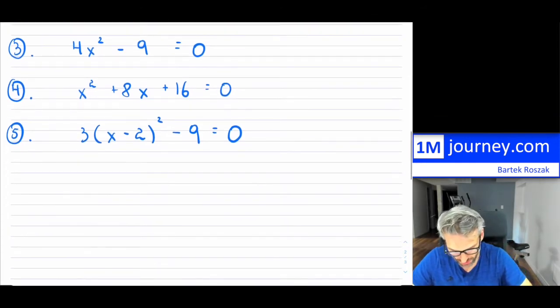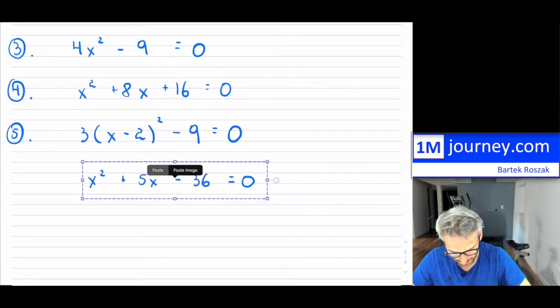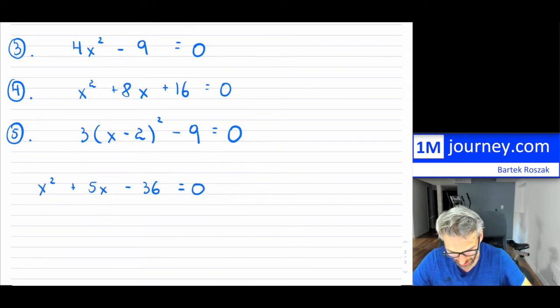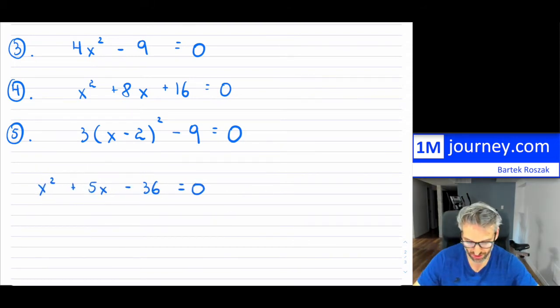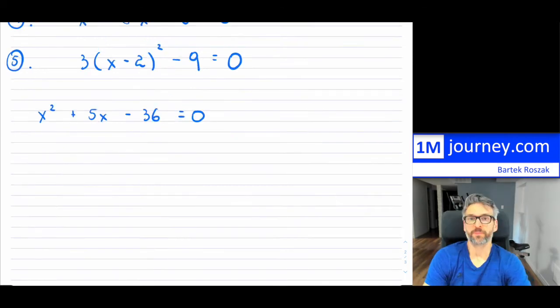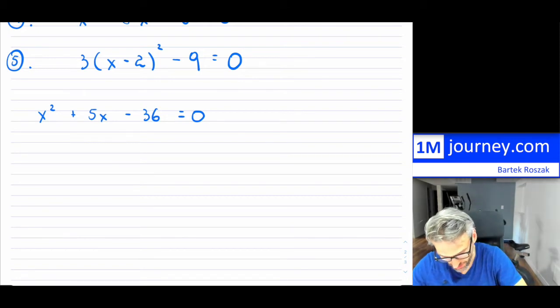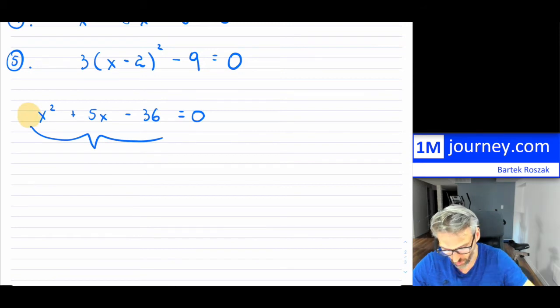So here's our first one. I'm going to just paste this down. For this equation, I'm going to see, can I factor this out in some way? Notice your a is just equal to 1, so I can factor this if it's possible. This is 36.